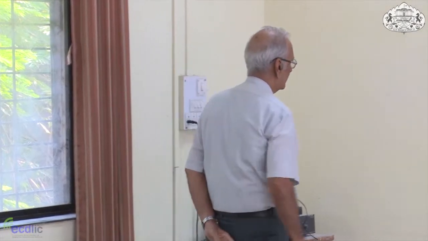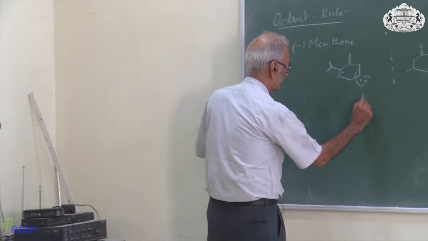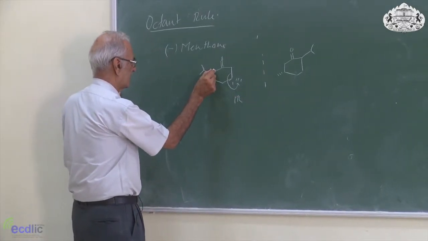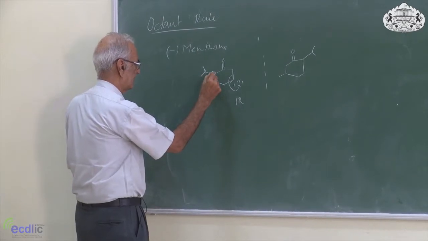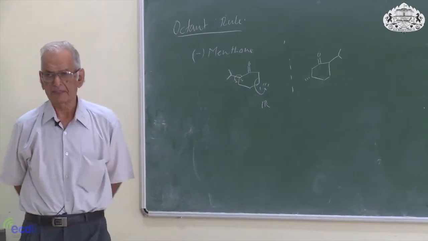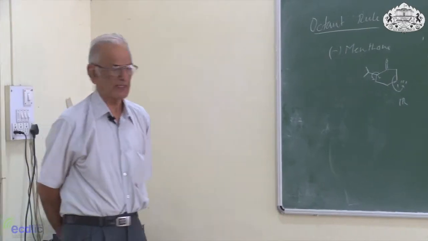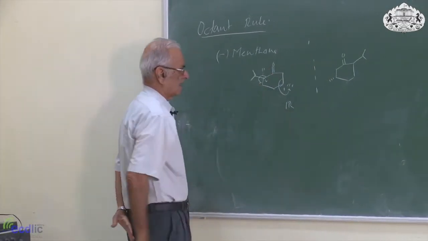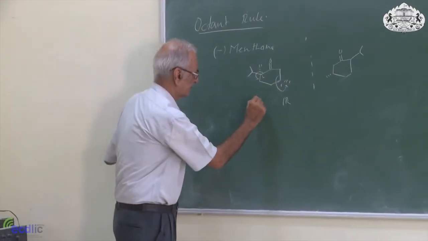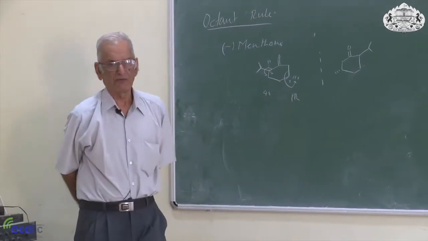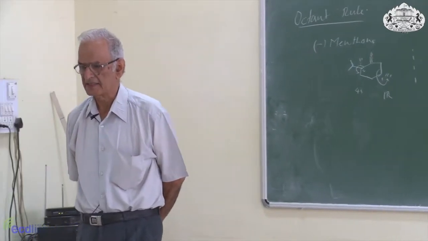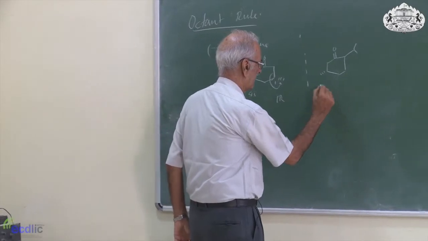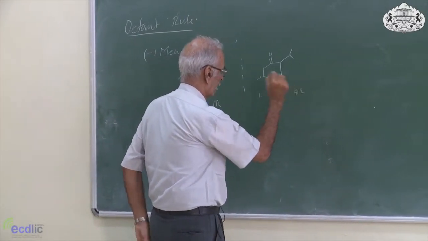Therefore, it's your 1R. When I look at this, first, second, third describes anti-clockwise direction. Hydrogen is below. So, this is 1R 4S. Obviously, the other will be 1S 4R.